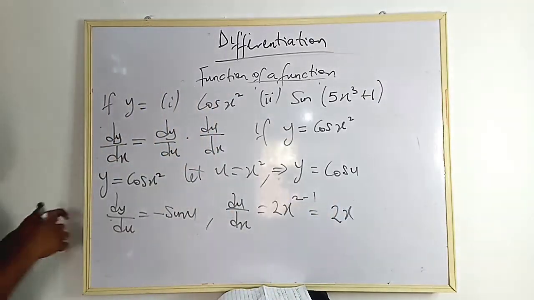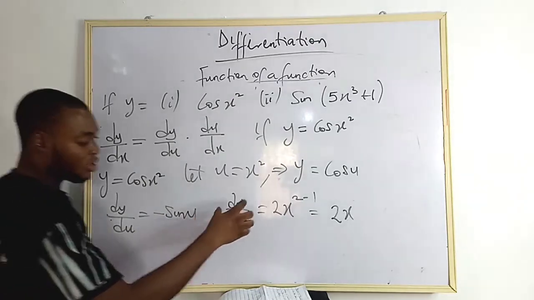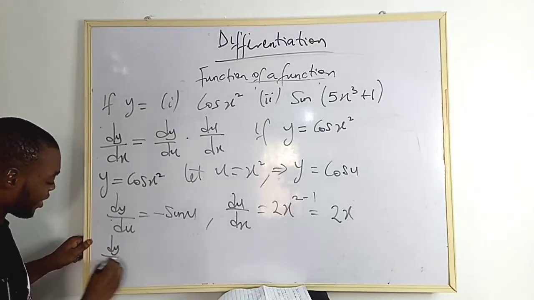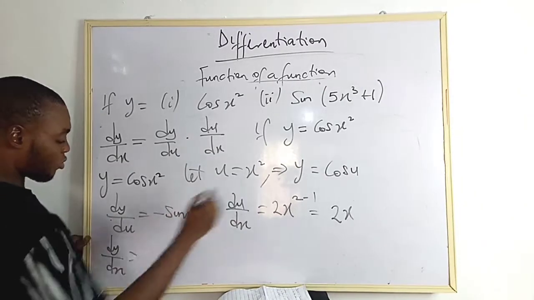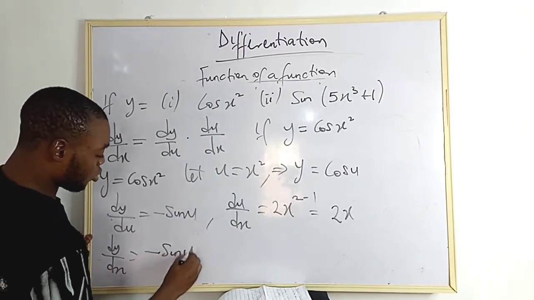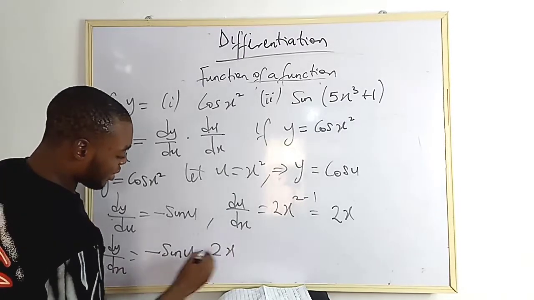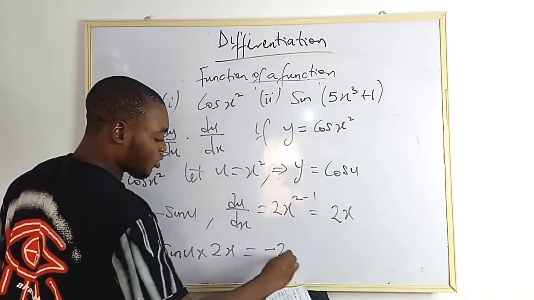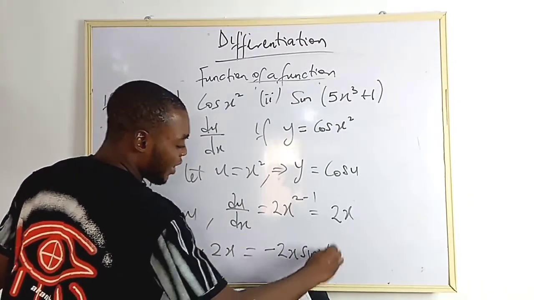So dy/dx is minus sin u times 2x, which equals minus 2x sin u.